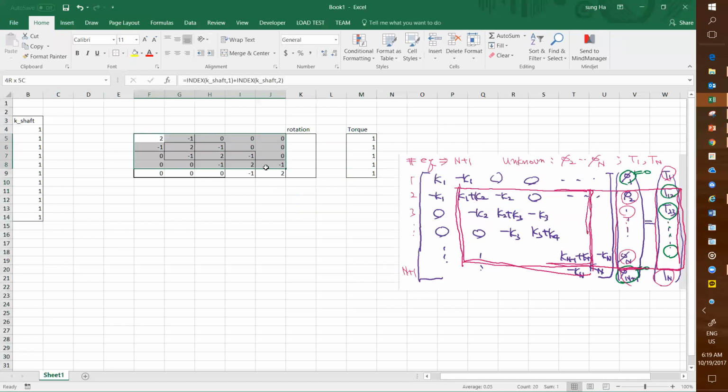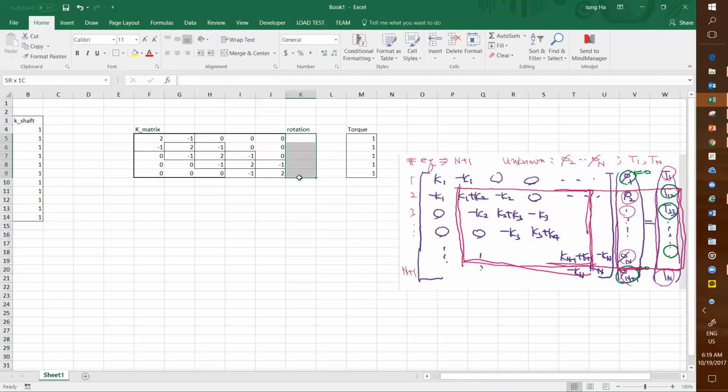So let's call this one the K matrix. I will write this here: K matrix, rotation, and torque.